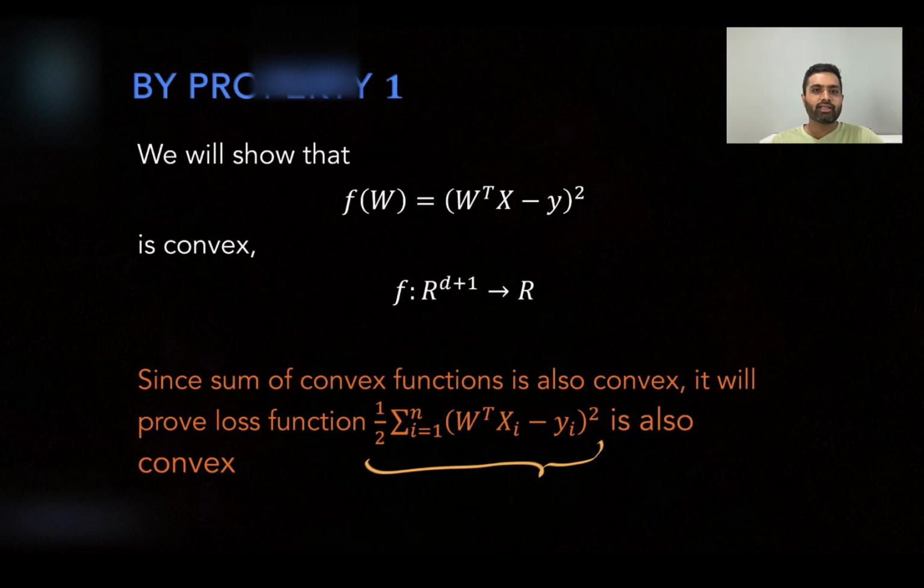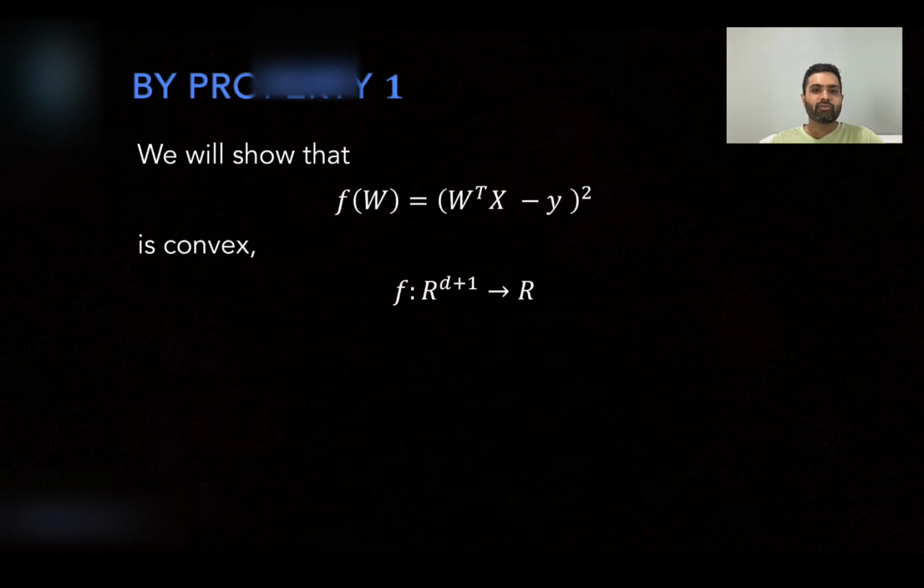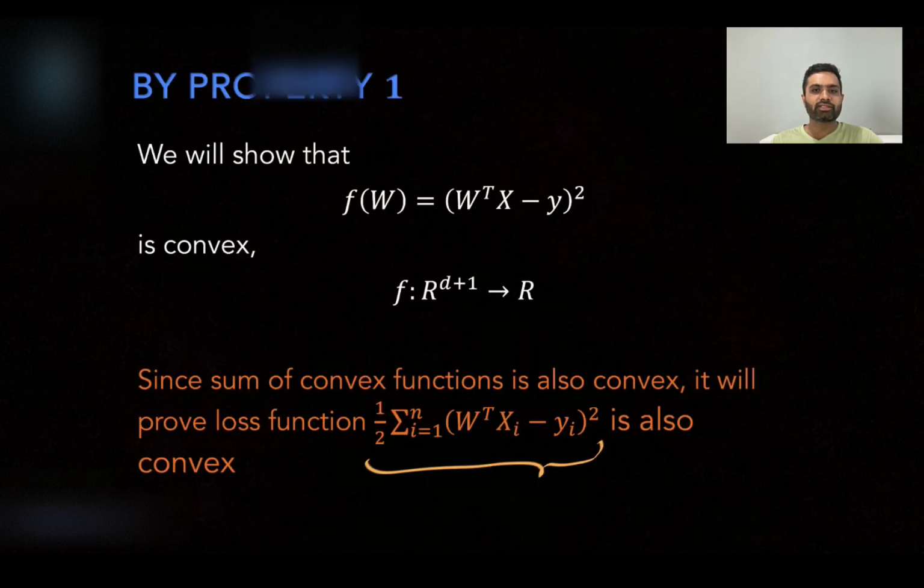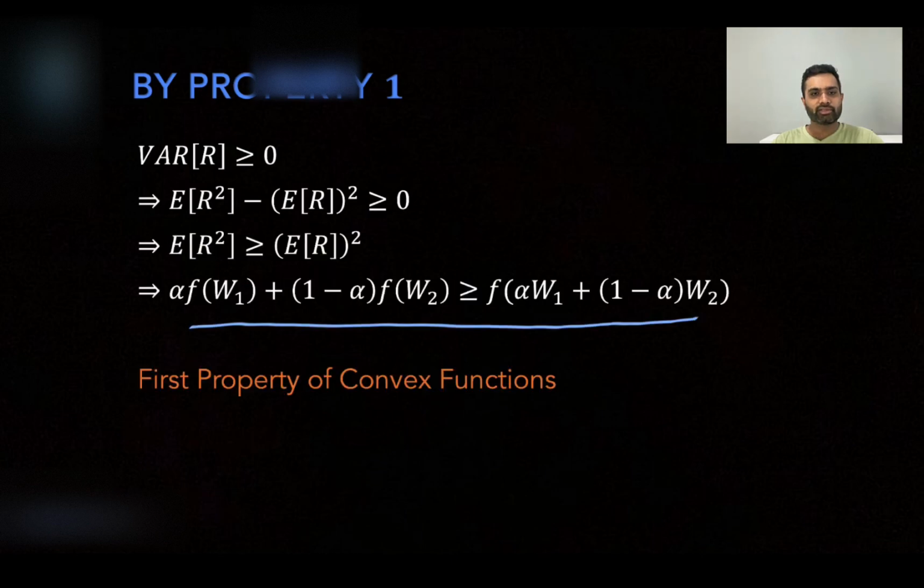Now I consider a similar form of functions, n different functions, and I sum them. Since each of these functions is convex, the sum is also a convex function. So this proves by property 1 that the least square loss function for linear regression is a convex function.